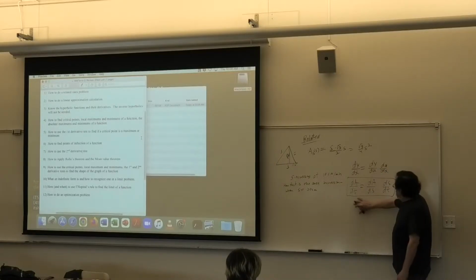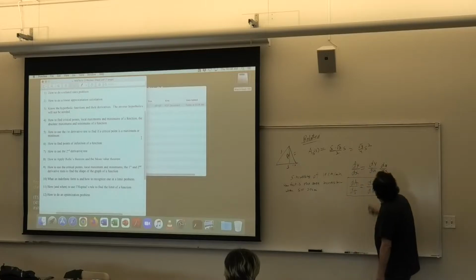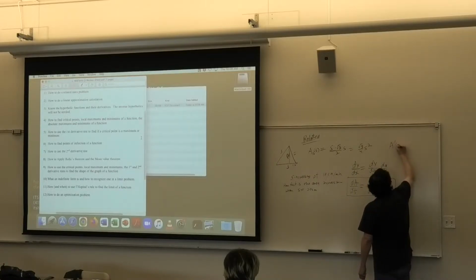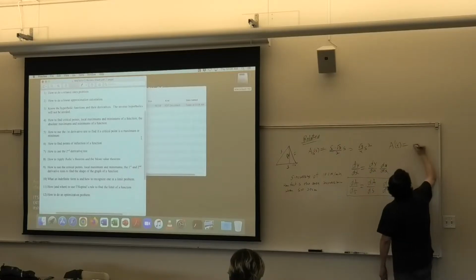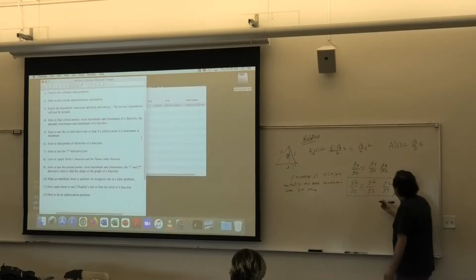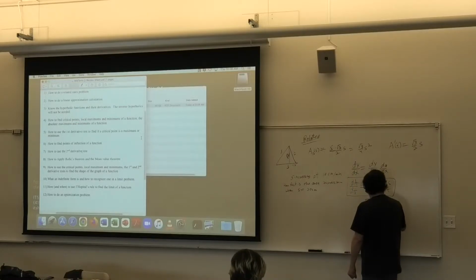So dA/ds. Well, we have the area in terms of s, so it's just a simple derivative. What do we get here? We get square root of 3 over 2 s. So filling this in, we have square root of 3 over 2 s times 10 centimeters per minute.